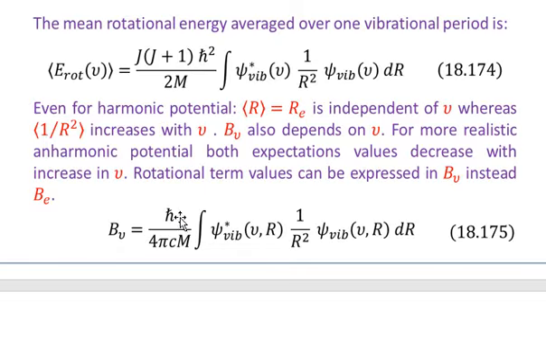So BV is equal to h bar over 4 pi cm, times the integral of psi star of the vibrational wave function, which is a function of two variables V and R, multiplied by 1 over R square, and then again multiplied by the vibrational wave function, also a function of V and R, integrated over dr. So this is an expression of BV in terms of the expectation value of 1 over R square.